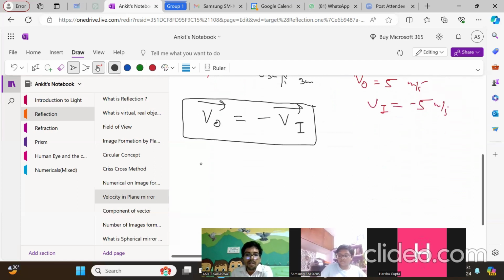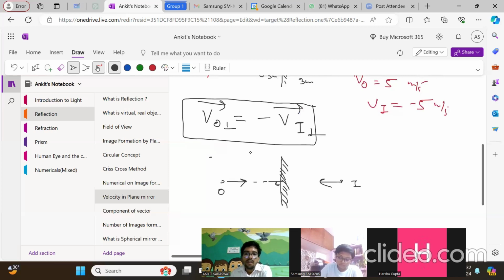In the case of a plane mirror, this is the mirror, and this velocity is perpendicular to the mirror. Can you see? So write like this.